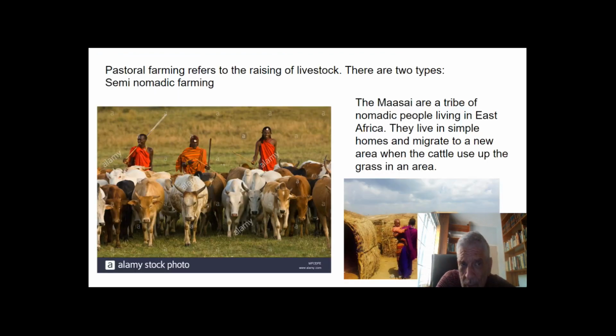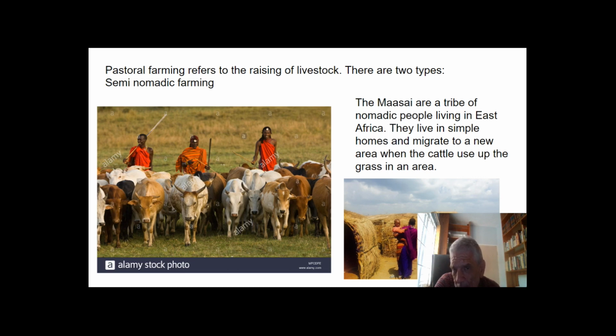Then we have pastoral farming, which refers to the raising of livestock. And there are two types, semi-nomadic and nomadic. One example is the Maasai, which are a tribe in East Africa.